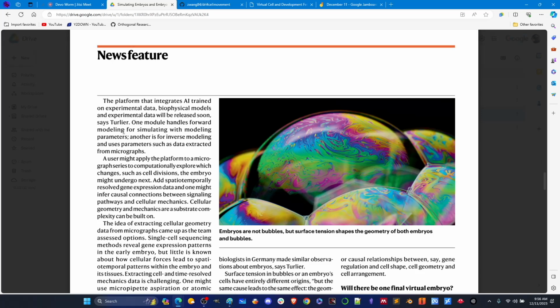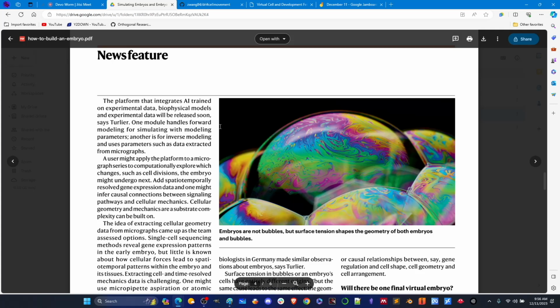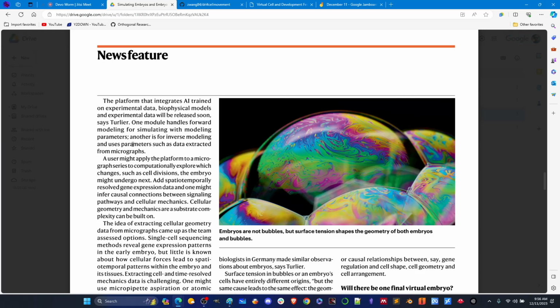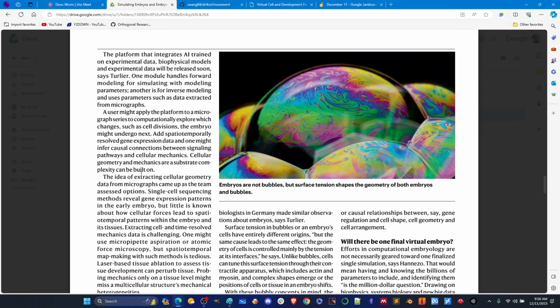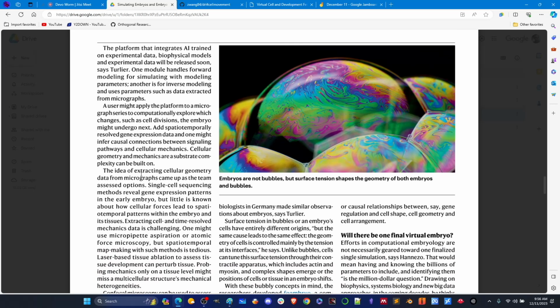One module handles forward modeling for simulating with modeling parameters. Another is for inverse modeling and uses parameters such as data extracted from micrographs. So you have the forward modeling, which actually makes predictions, and the inverse modeling, which gets data from a source and lets you infer things.